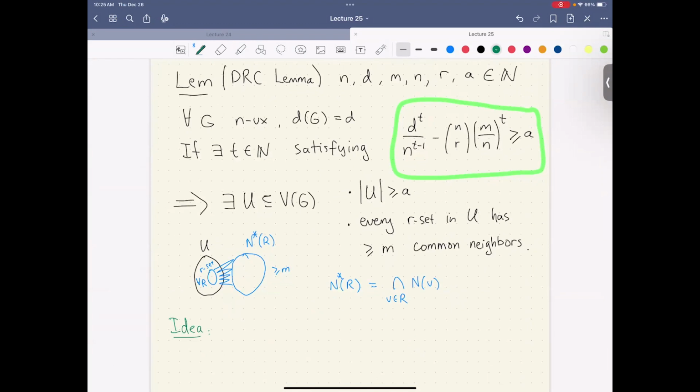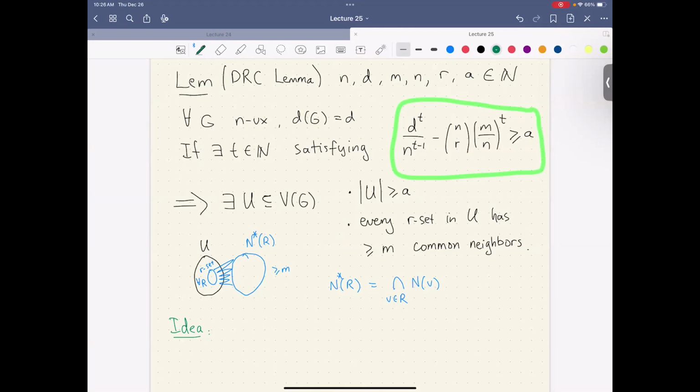The idea is we're going to choose U randomly. And we're going to prove that with positive probability, one of these random U will have all this property. So how are we going to choose this random U? This is where this dependent random choice, this name dependent comes from. We're going to not choose U totally randomly.